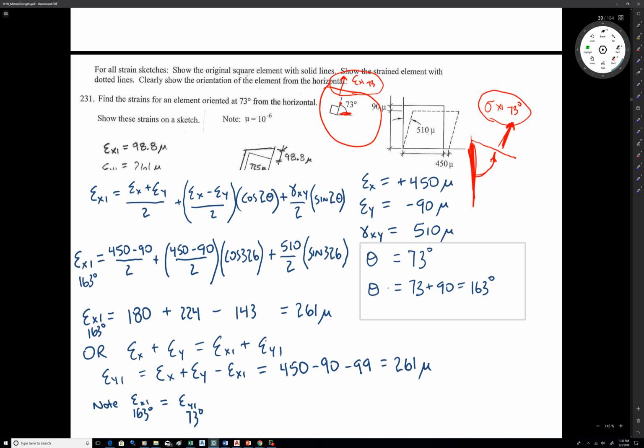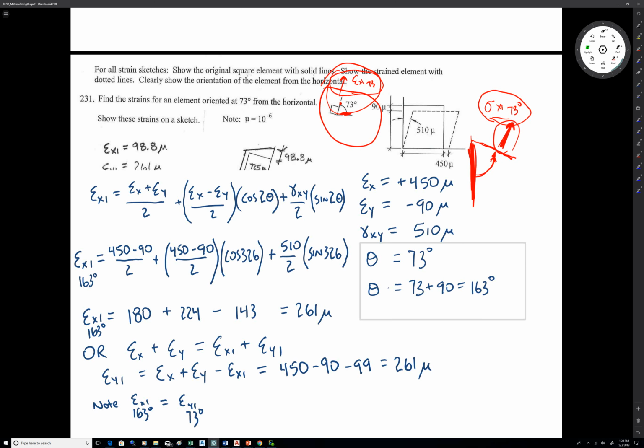So if you come from the vertical, measure to this plane, and then call out the stress that's normal to it, which is sigma x1, that stress will most directly cause the strain, the normal strain at 73 degrees. Okay? So that's why they use different reference planes. You do want to remember this one for stress, it is from the vertical, and then also the one for the strain is horizontal. Okay.